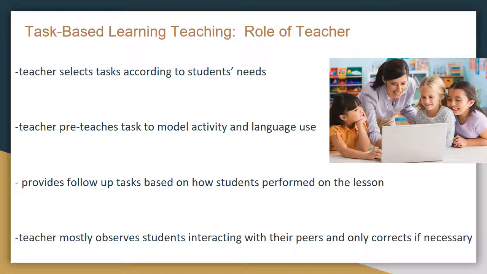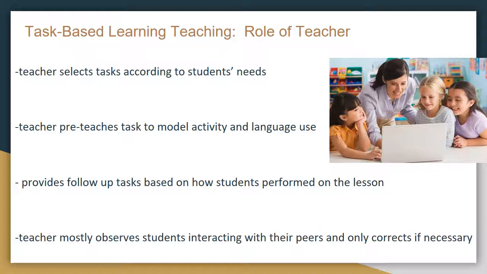Furthermore, the teacher doesn't actively interact necessarily with the students after the teacher has done the initial modeling of the activity. So first, the teacher initially models the activity, and then the teacher more or less observes what the students are doing and how they're interacting with peers.